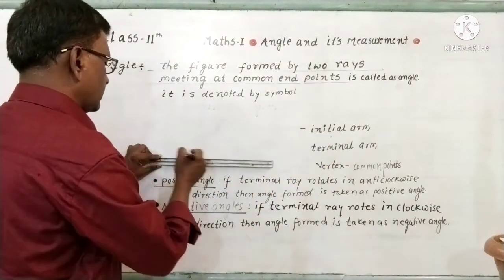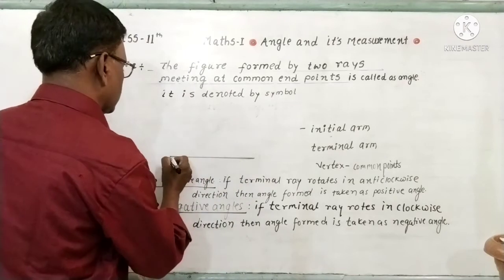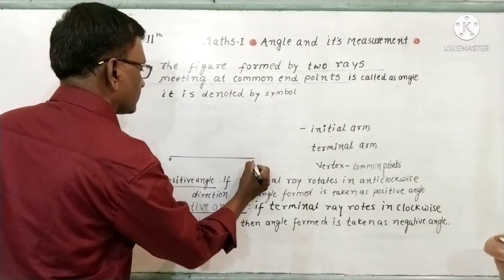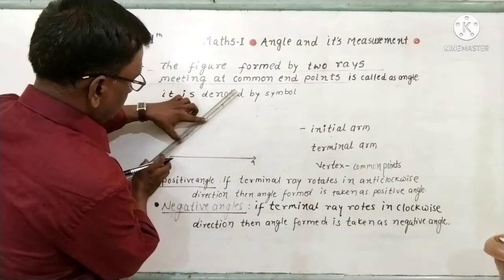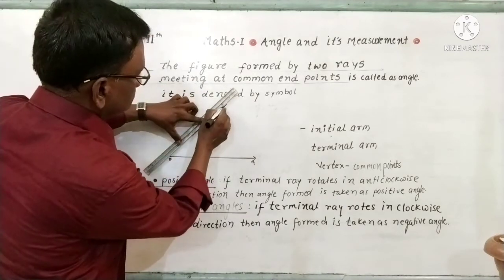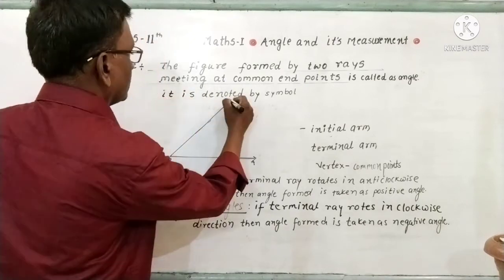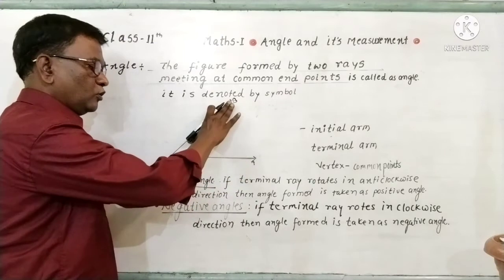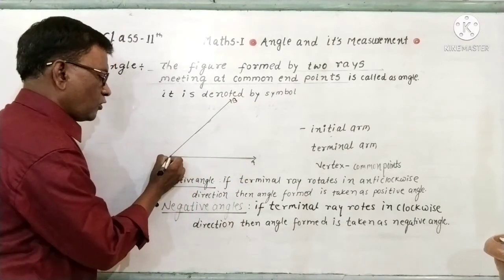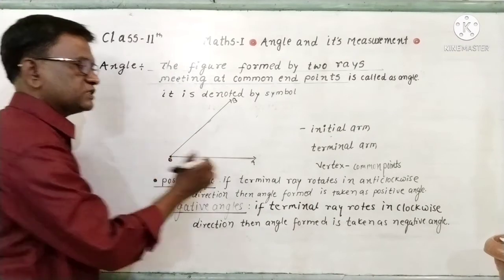Suppose this is one of the rays, OA. Here is another ray, OB. These two rays OA and OB meet at this common point O. This O is called the vertex.